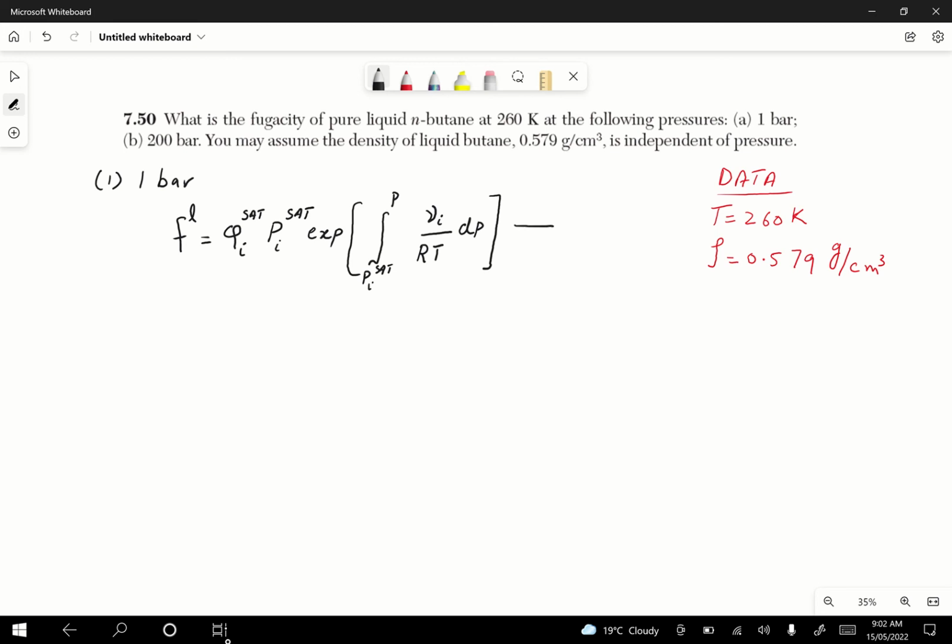So basically this is the formula for fugacity calculation in liquid phase.